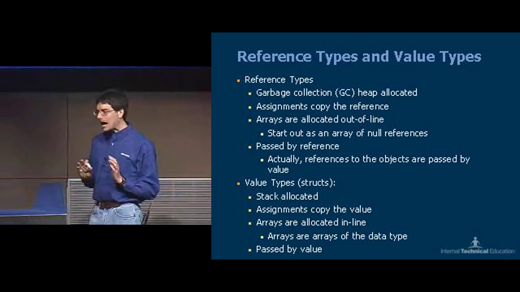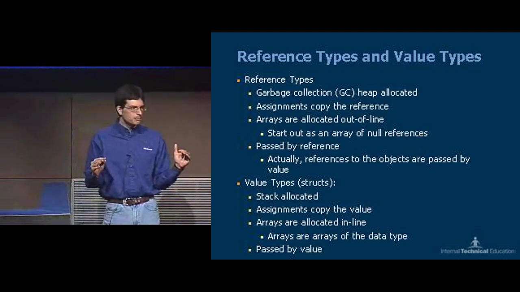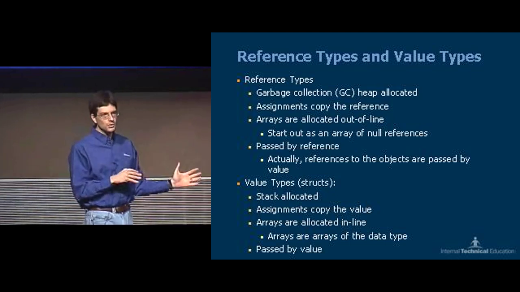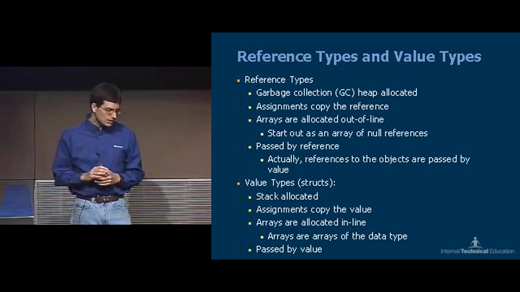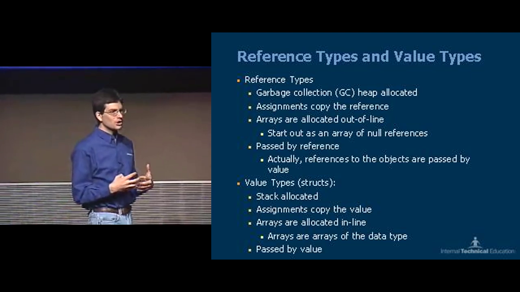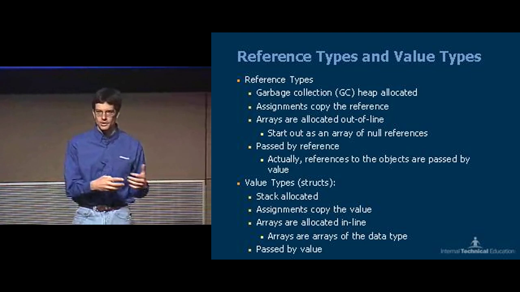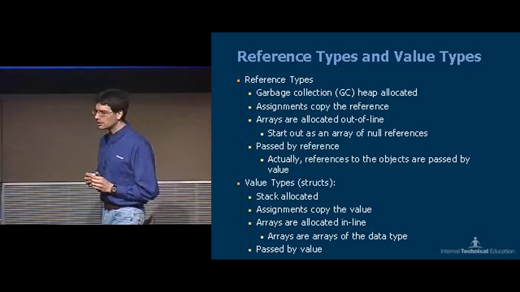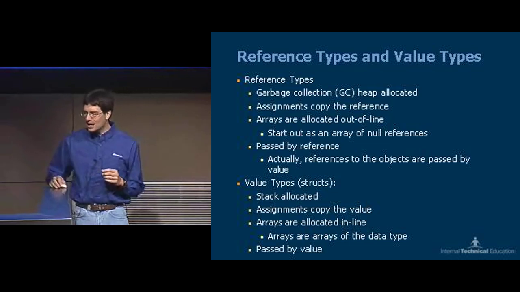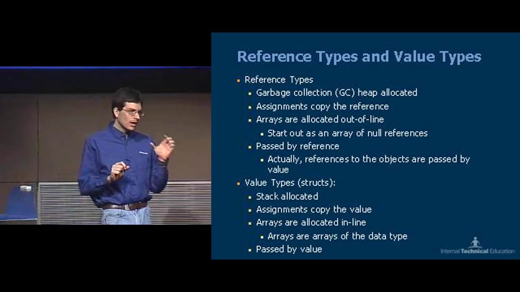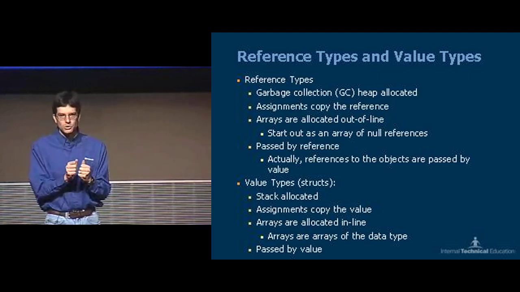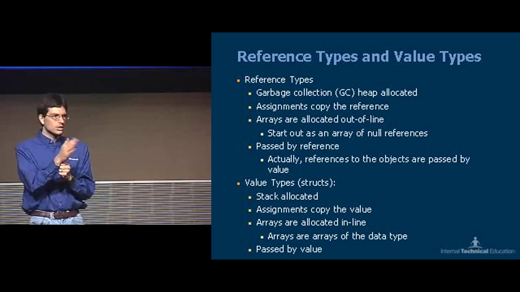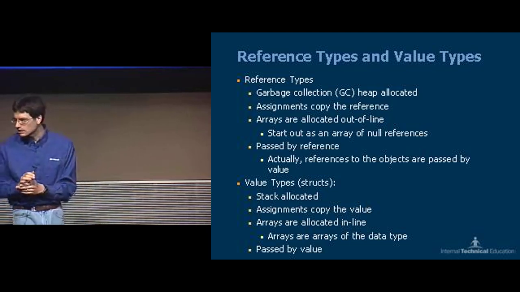Okay, so just the high-level principle, the first spot in the decision tree was when to use reference types and when to use value types. The first thing to recognize is that reference types are allocated on the GC heap. They're managed by the garbage collector, and they are essentially a pointer. When you have an instance of a reference type, what you're holding on to is a pointer to some memory that the GC is managing.